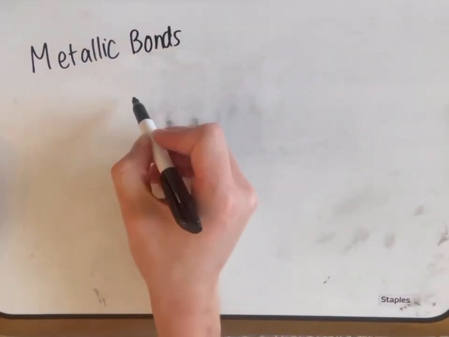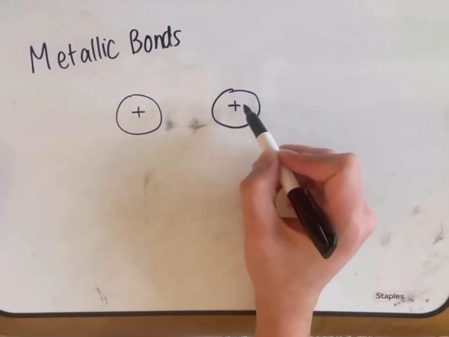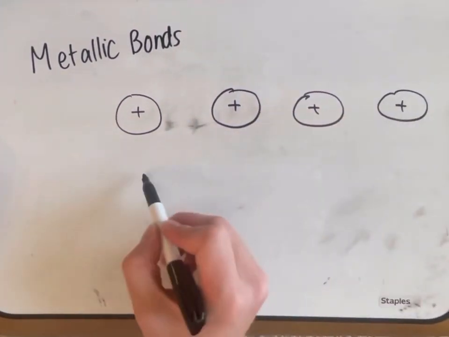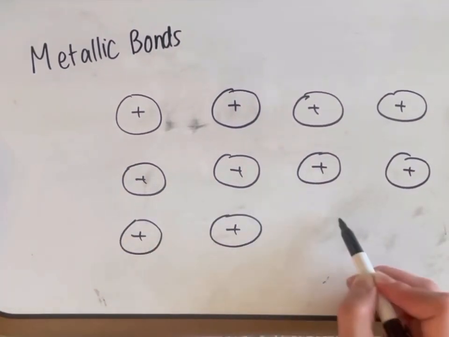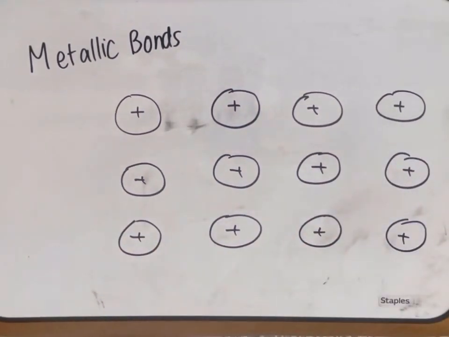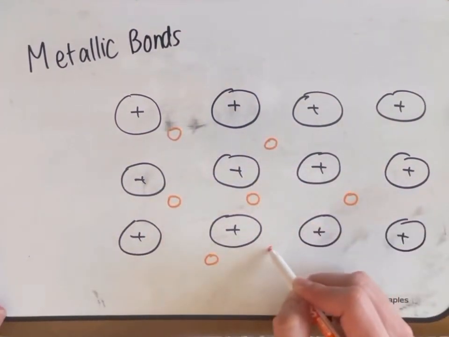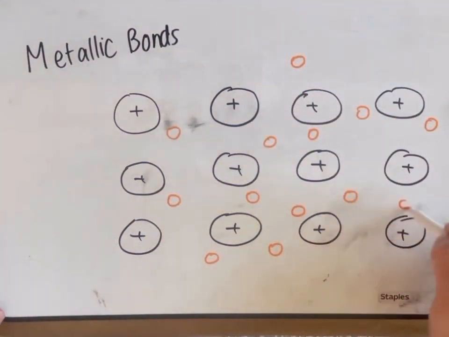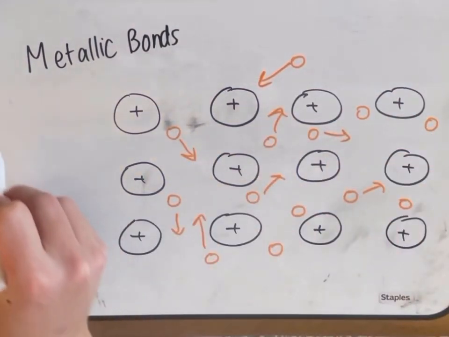Okay, so for metallic bonds, it's a little different. We have large positive cores. These are positive protons, or you could say cations, and there's a lot of them. However, it's not as formal as the lattice structure of ionic bonds. They're all over the place. They go everywhere, and the electrons move between them of their own free will.